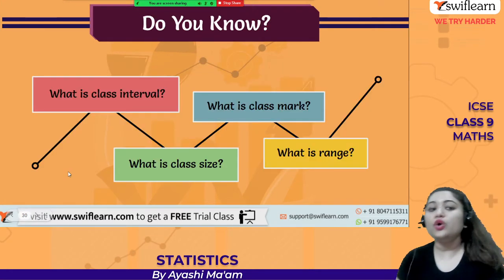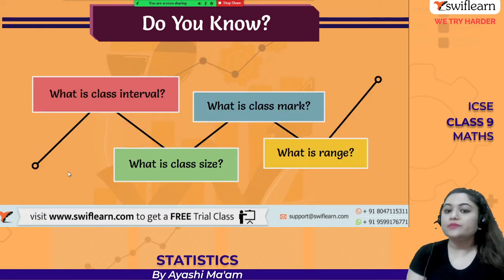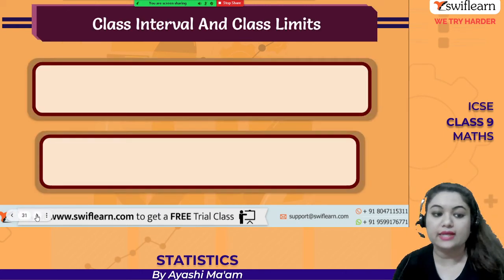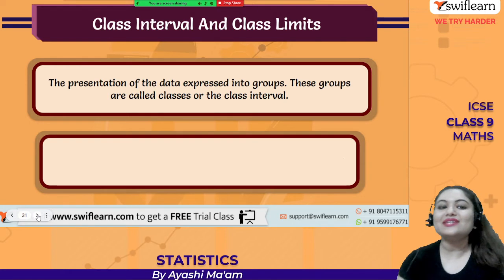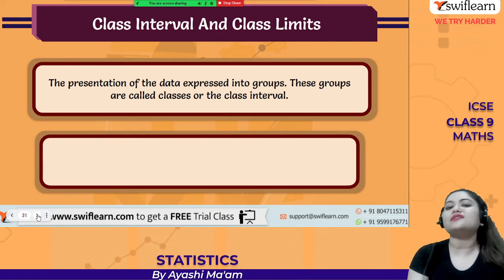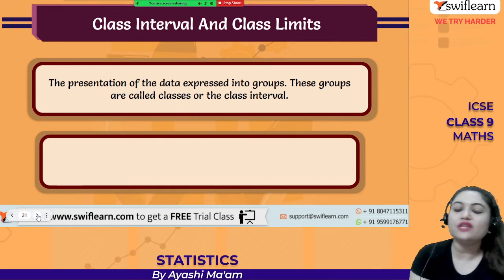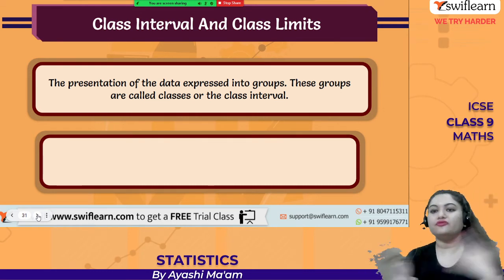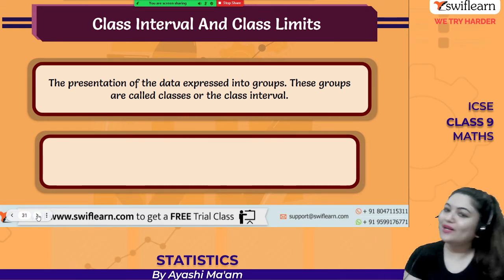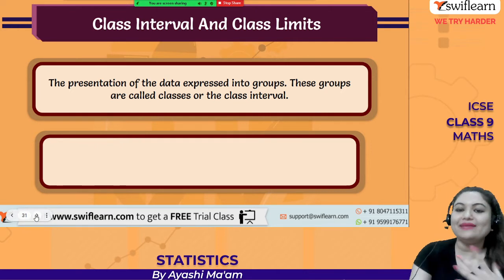Okay. Do you know what a class interval is? What is a class mark? What is class size? And what is range? Let's see. Class interval: the presentation of the data expressed into groups. These groups are called classes or class intervals. मतलब ये 0 to 5, 5 to 10, 10 to 15. These are all class intervals when you are grouping them, right?